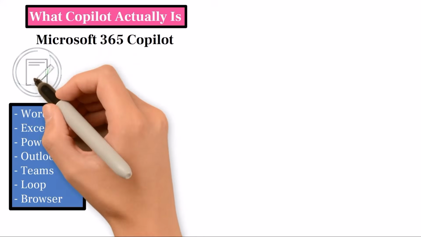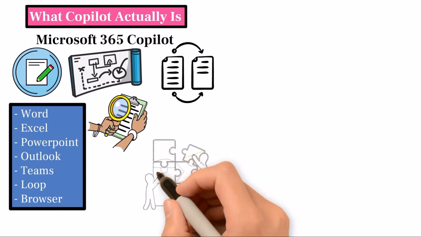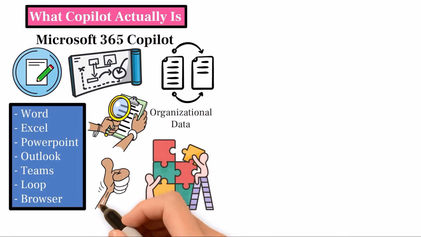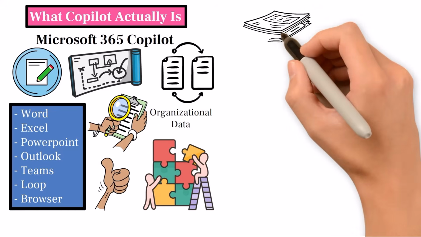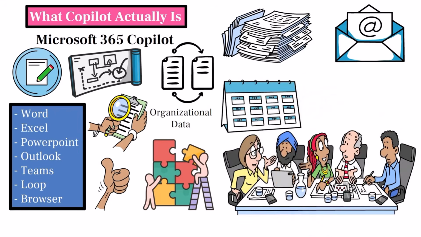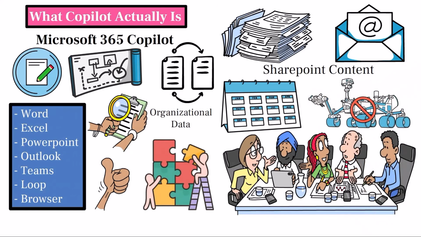It's designed to help you draft, summarize, analyze, plan, and create using your organizational data securely and responsibly. That means it can work with your documents, your email, your meetings, your calendars, and your SharePoint content to give you insights and support that generic AI tools simply can't.